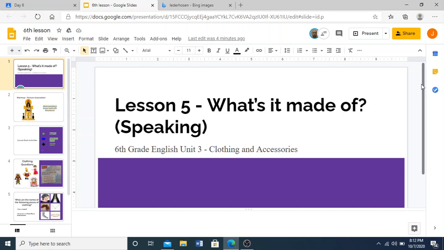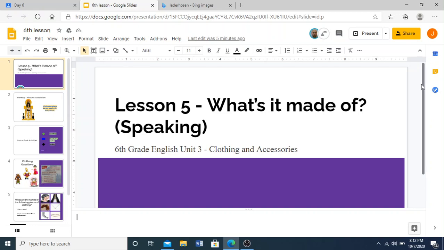As it is, we've been doing a lot of work on clothes and accessories, and we've learned quite some content. We've looked at clothes, accessories, what they are made up of, different materials, different kinds of clothes, different kinds of accessories.